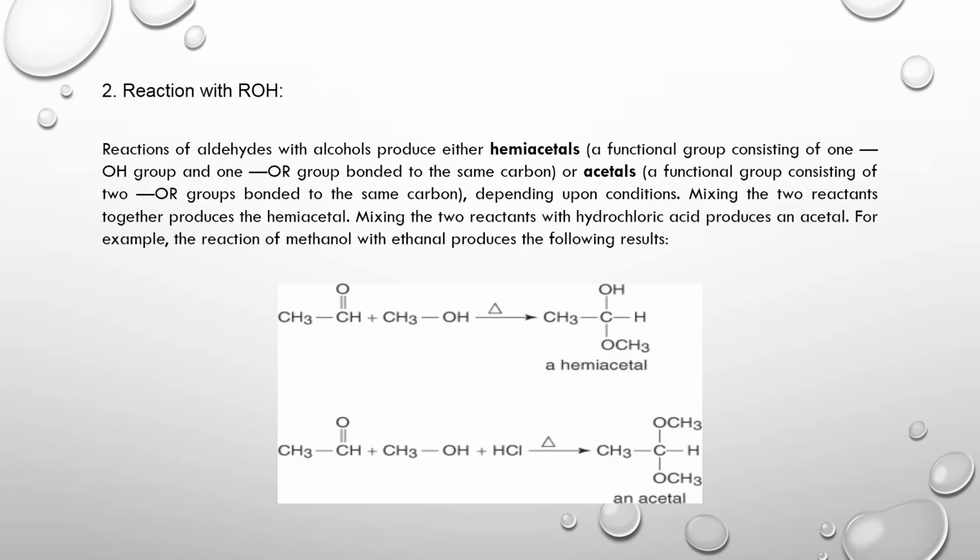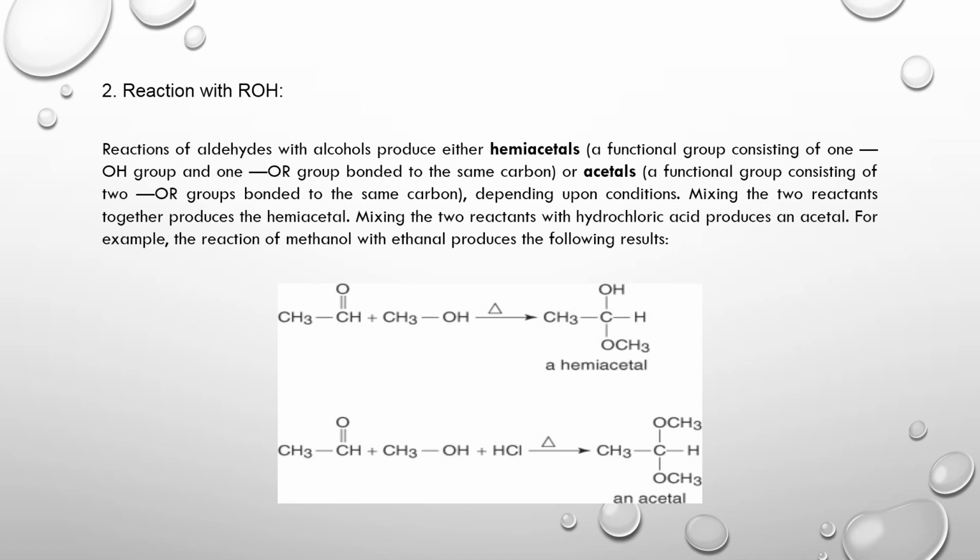Then the reaction with alcohols. Reaction of an aldehyde with alcohol produces either hemiacetals or acetals. A functional group consisting of one OH and one OR group bonded to the same carbon is a hemiacetal.